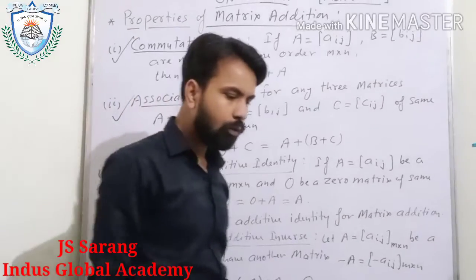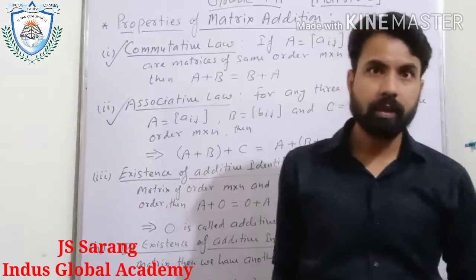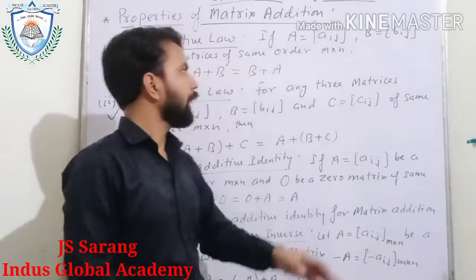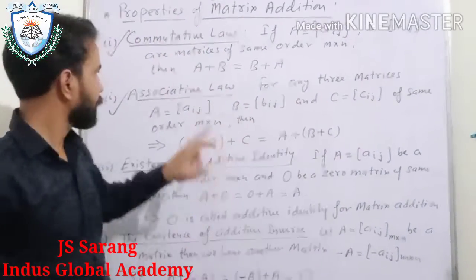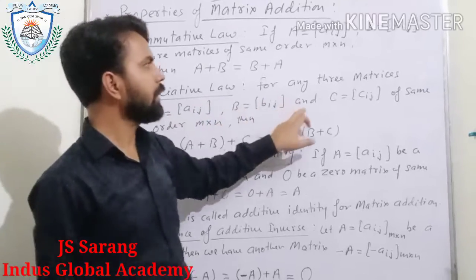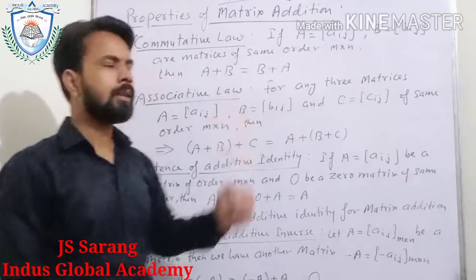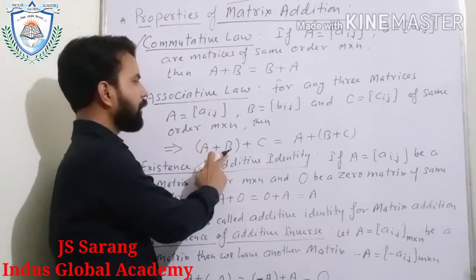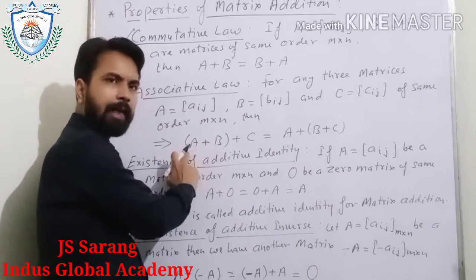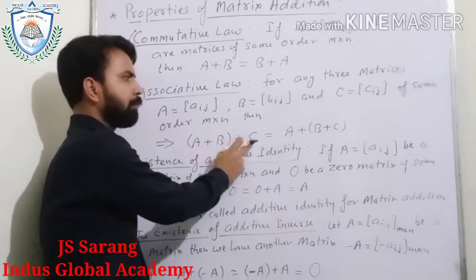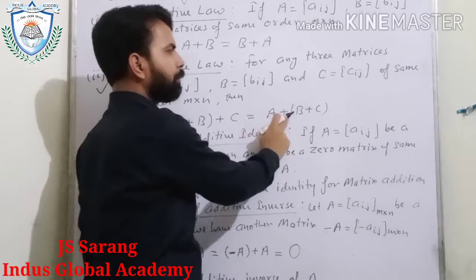Again, we all know about the associative law, but for the addition of matrices, if there are three matrices A, B and C, and these three matrices are of the same order, then the sum of A plus B, and the sum of C, that is, (A plus B) plus C is equal to A plus (B plus C).